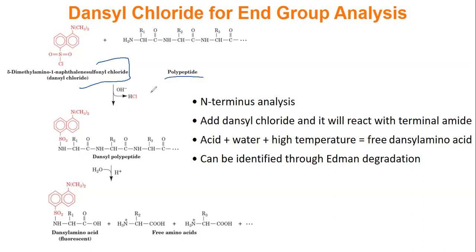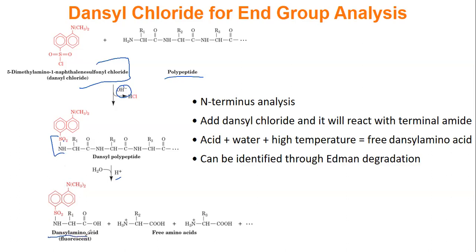And what you do is you add acid. Well, first, you add a base and it will attach to your polypeptide. I'm getting a little ahead of myself. So you attach it to your polypeptide in basic conditions. Then, with acid and high temperatures, you break your peptide and you'll get a dansylated amino acid.